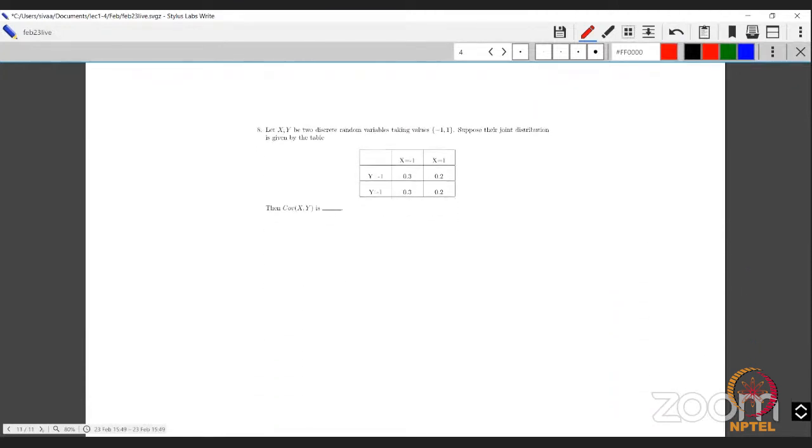Let's do one more problem and I'll close for the day. How do you find the covariance of x and y? How does one do that? Let me remove the red. What's the definition of covariance of x and y? Covariance of x and y is just E of xy minus E of x times E of y, right? Agreed?